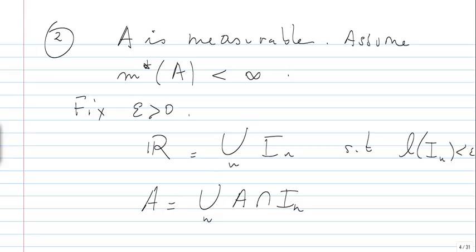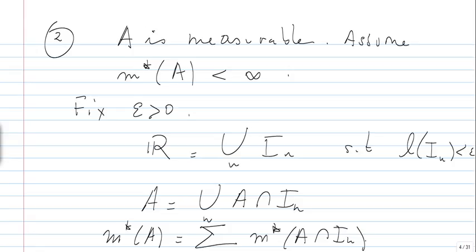Because A is measurable, and I_n is measurable since it is an interval, so a Borel set, the intersections are measurable and disjoint. Therefore the outer measure of A is equal to the sum, and this is very interesting, because otherwise we only have the subadditivity of the outer measure, but in this case we do have equality. Therefore, since the measure of A is finite, this sum will be finite.